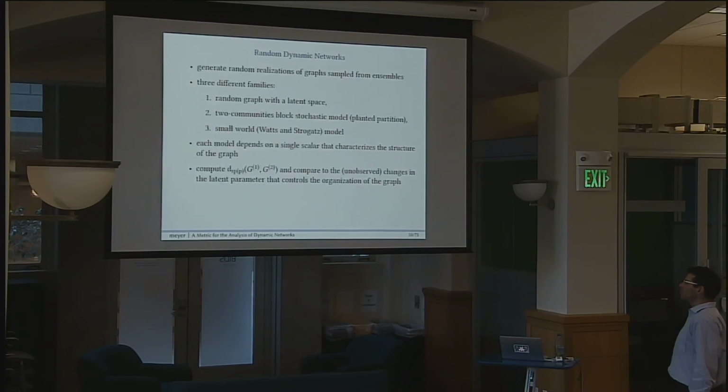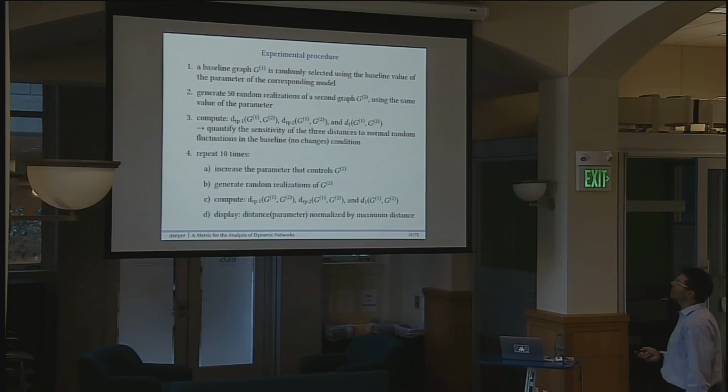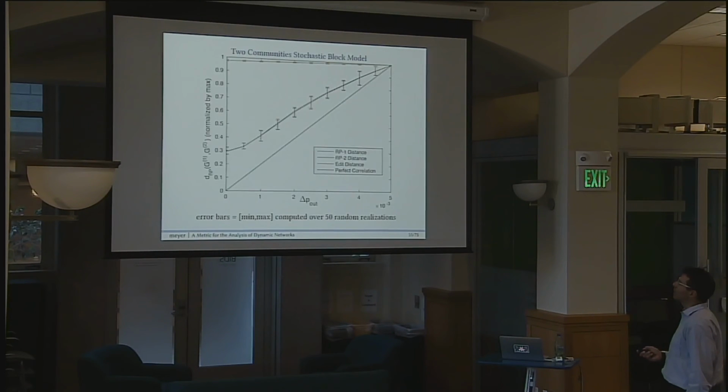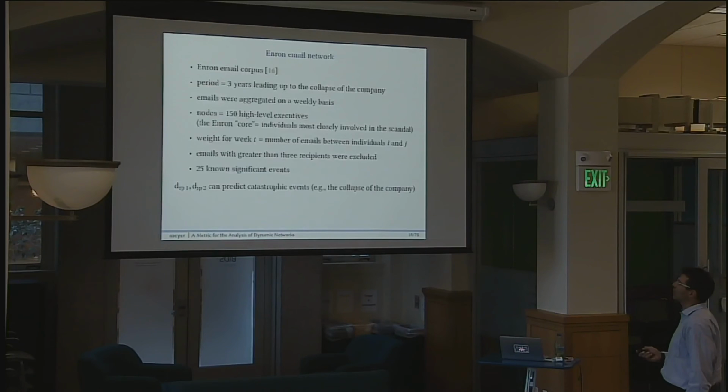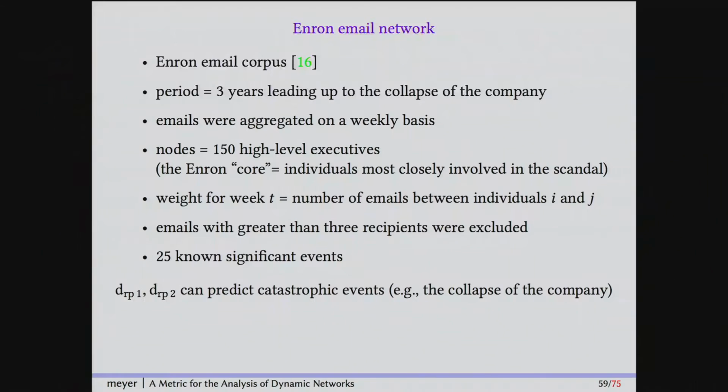The way we do this, let me skip directly to the real network, and then I'll go back to that if time permits. We started with this publicly available network of email exchanges among about 100 people in this company that went bankrupt, and everyone heard about it.